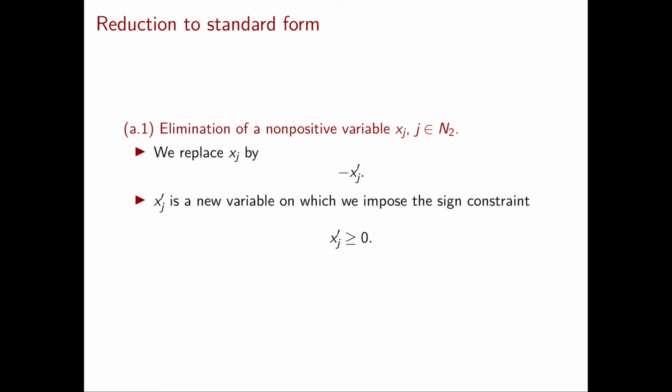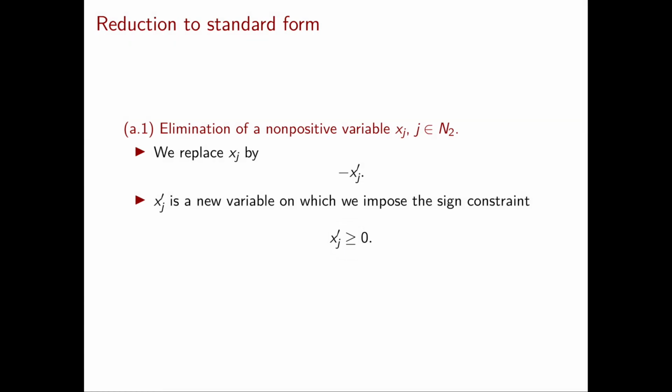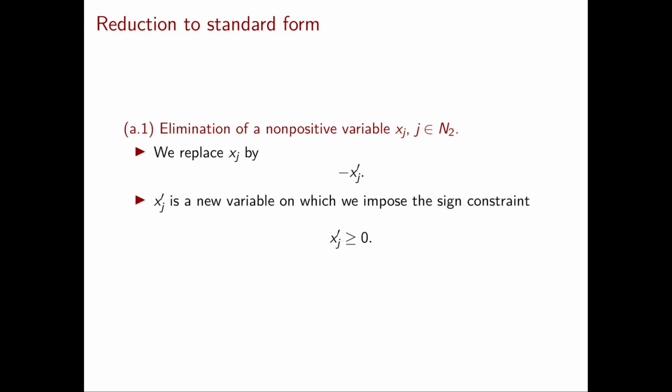Well, this is very simple because we can just replace every variable xj of this type by minus a new variable xj prime. On this new variable, we impose the sign constraint xj prime greater than or equal to 0, which of course is equivalent to asking that the original variable is less than or equal to 0.